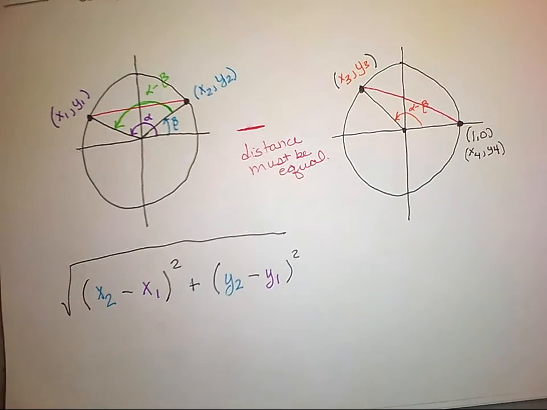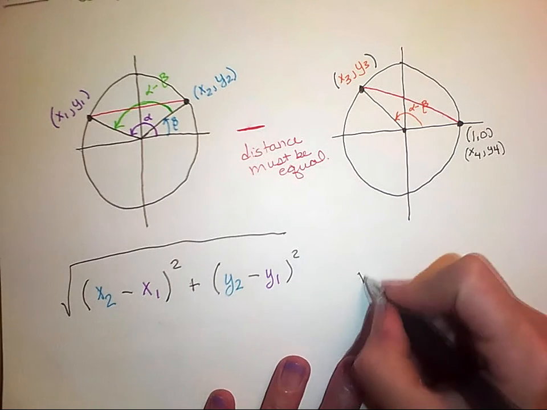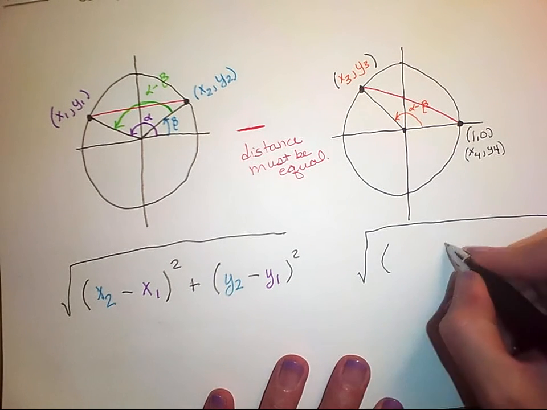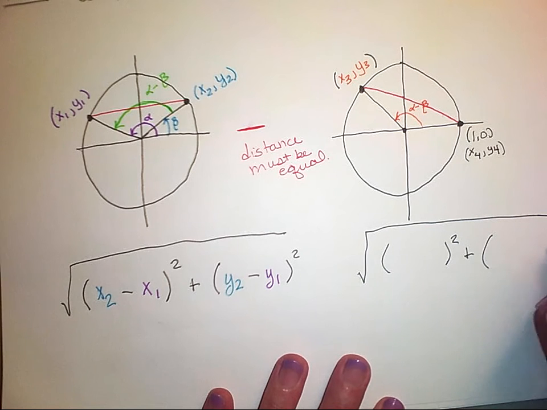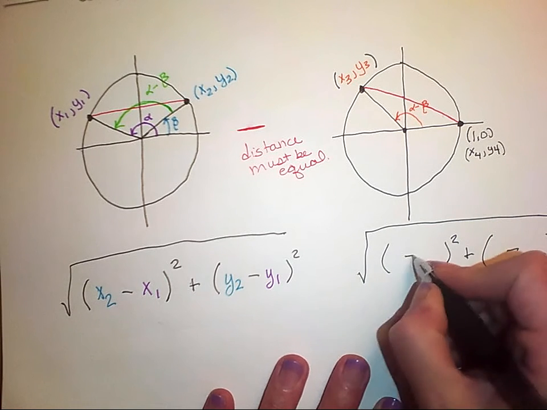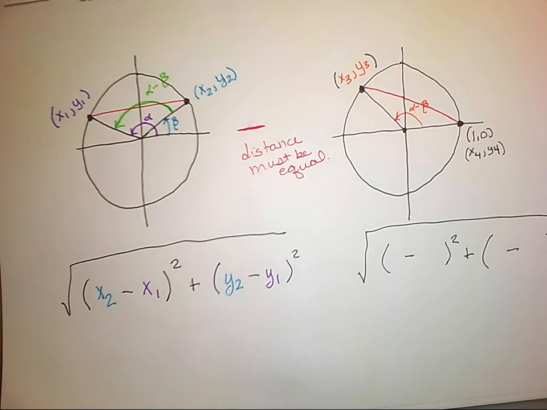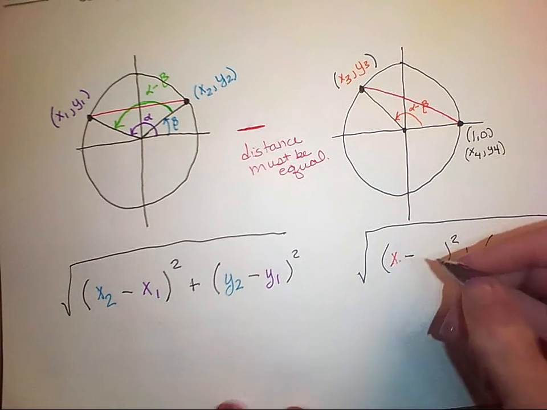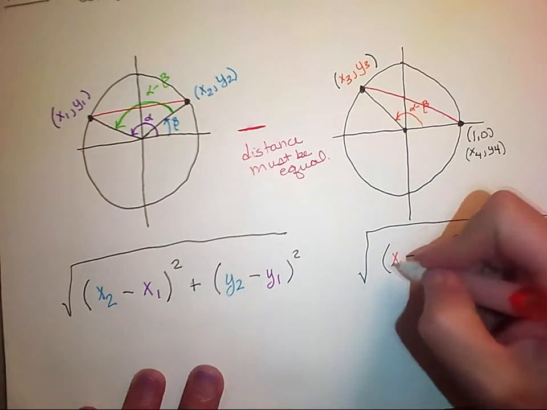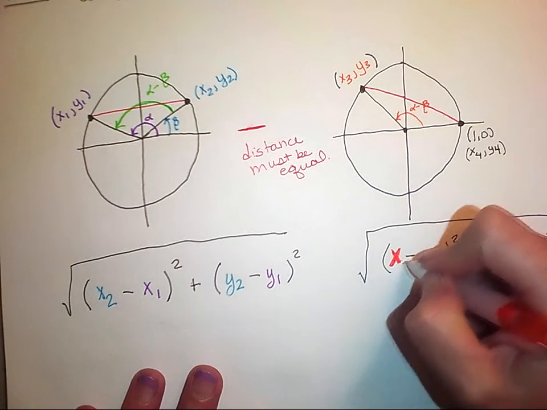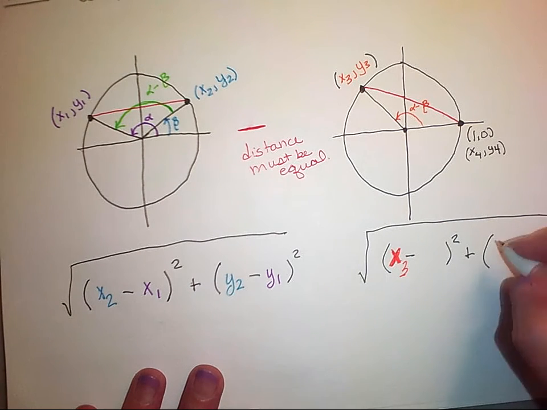Now if I make the distance over here, let's put our x3s first. Let me do it in orange. This is x3, and this is y3.